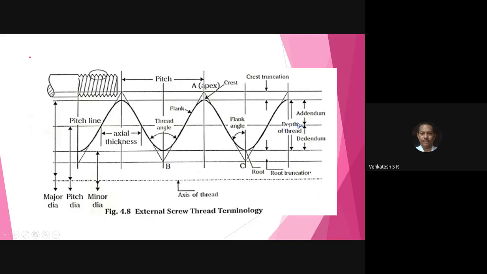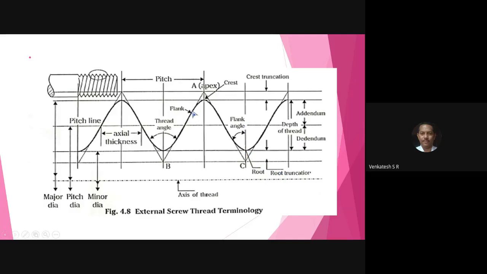The distance between the triangle crest and the root is called root truncation.